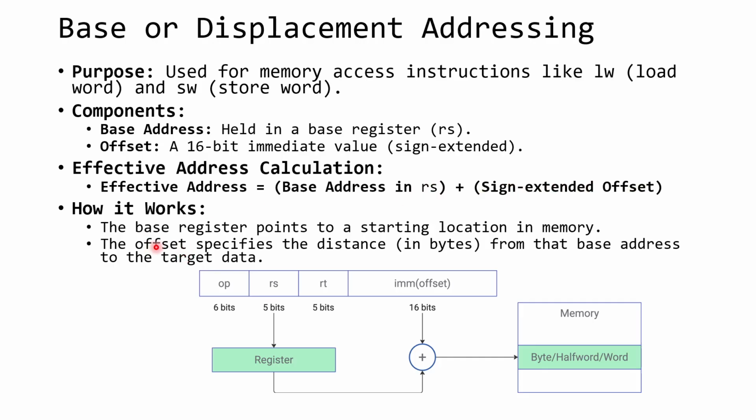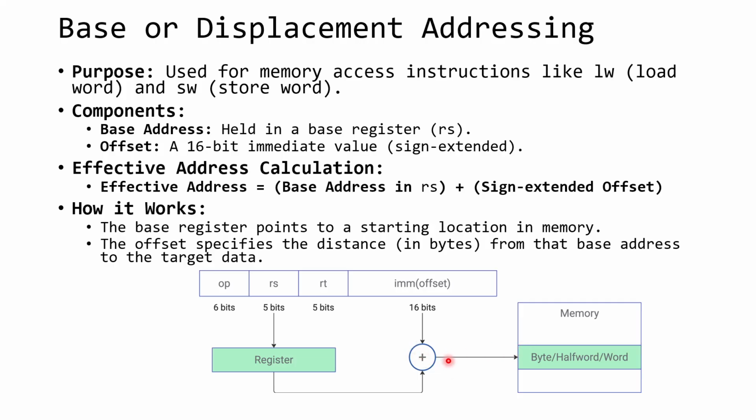How does it work? The base register points to a starting location in memory. So the RS will contain the data memory location. The content inside the RS will be added together with the sign extended offset. The offset will be extended to 32 bits and then added together with the content inside the RS.